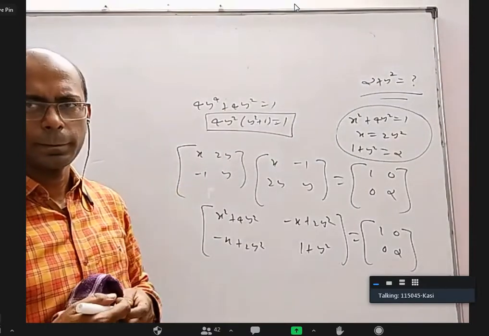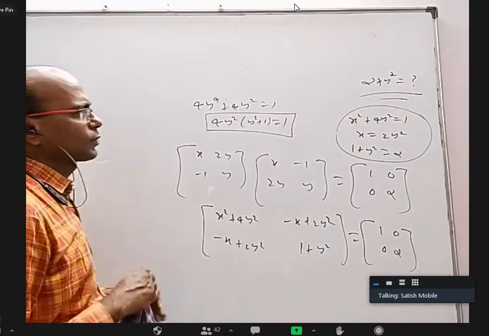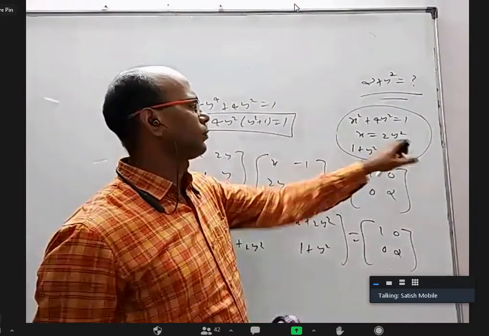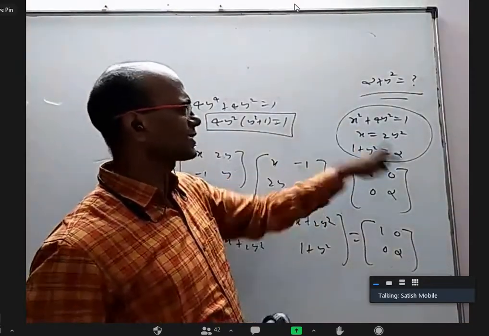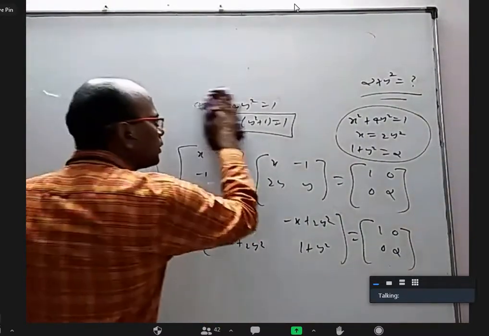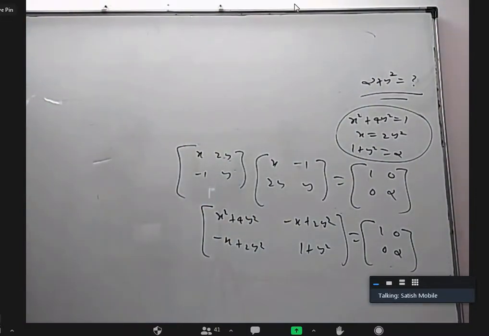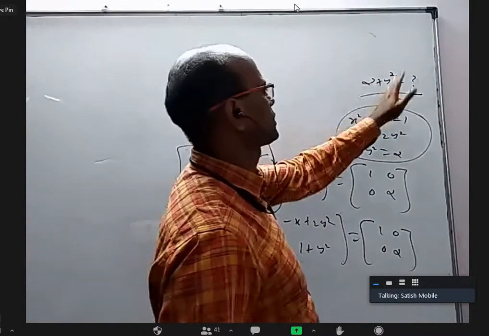Now we can substitute y square plus 1 as alpha. Then you will get x in terms of alpha, right? Yes, sir. Anyway, we got these equations. We are interested in alpha plus y square.